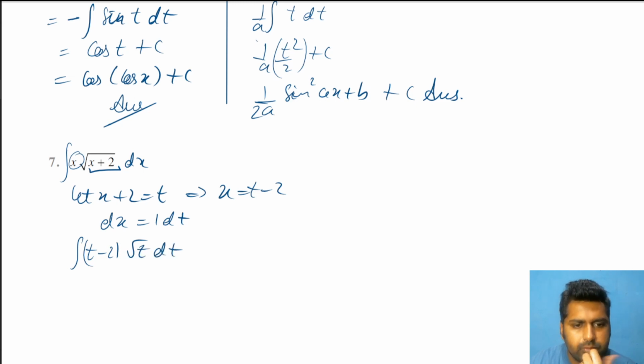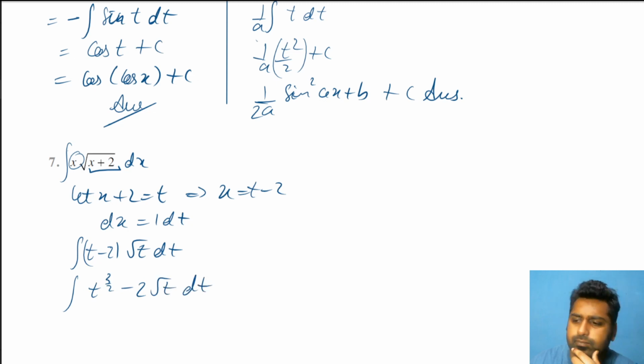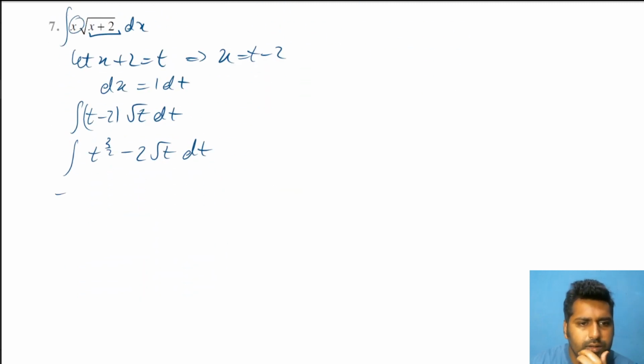Okay. We can multiply this root inside this t minus 2. So root t is t raised to power 1 by 2. So this is t raised to power 3 by 2 minus 2 root t dt when you multiply. What is going to happen?